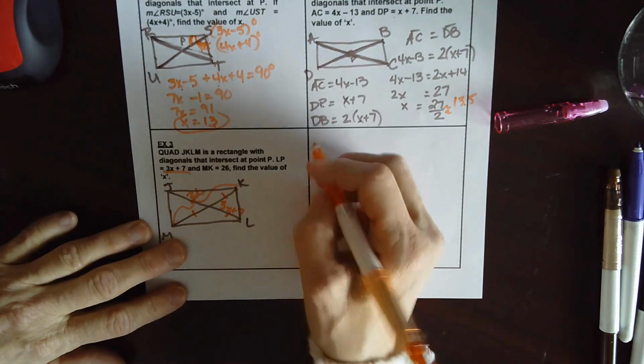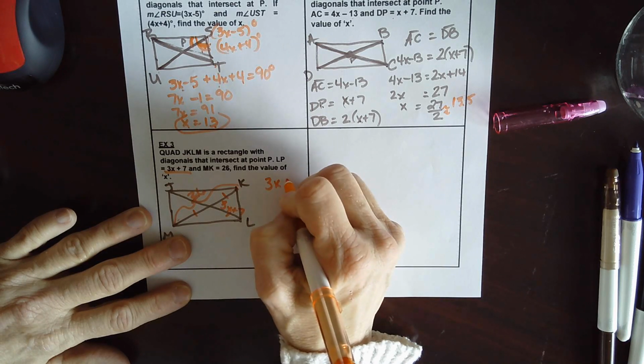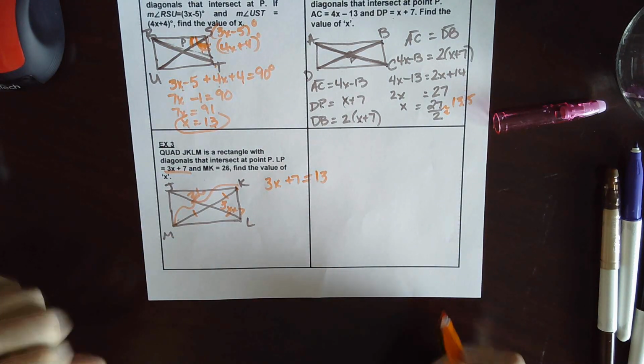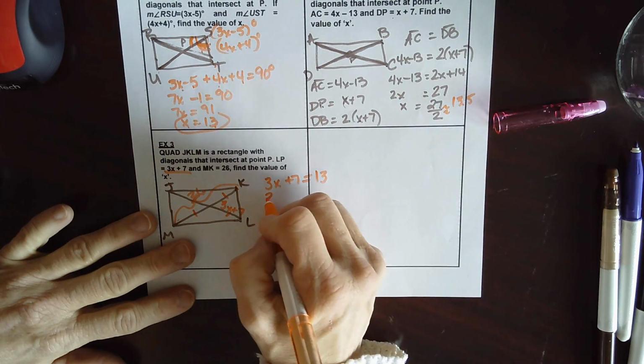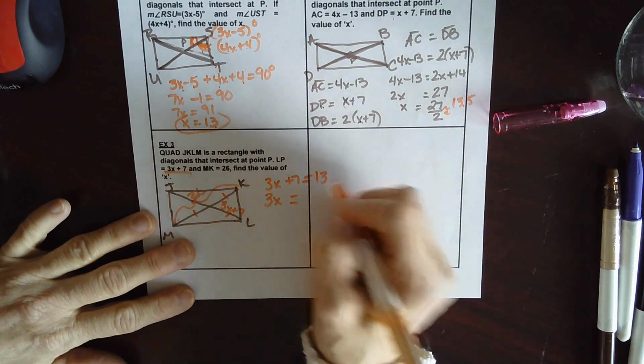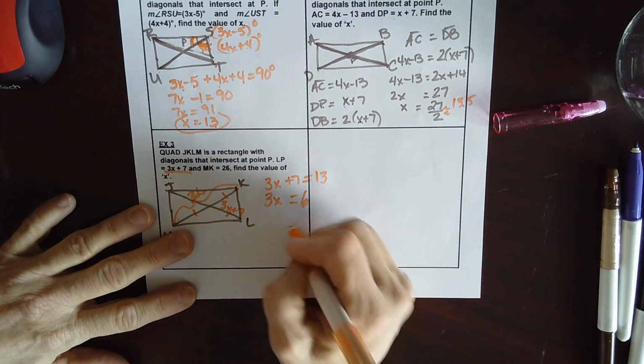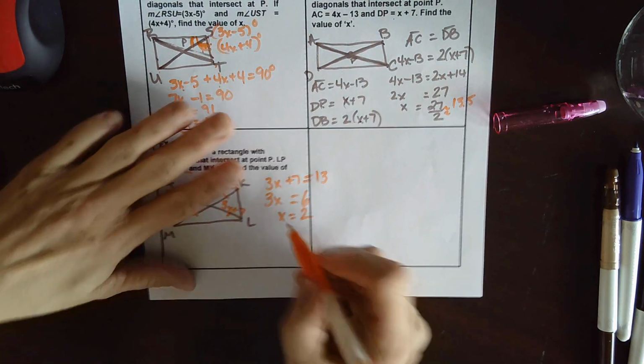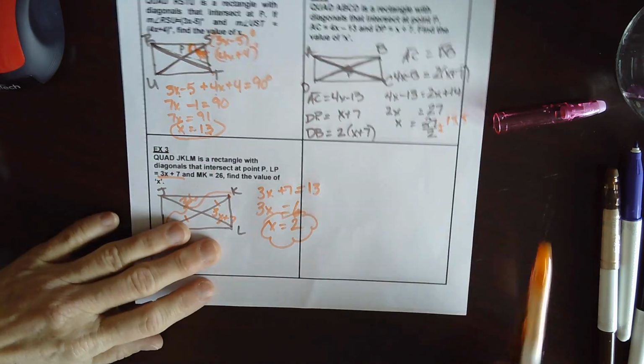So I can take 3x plus 7 and set that equal to 13, and that way I can solve for x. I will subtract 7. We get 3x equals 6, so x equals 2. And there's the value of x.